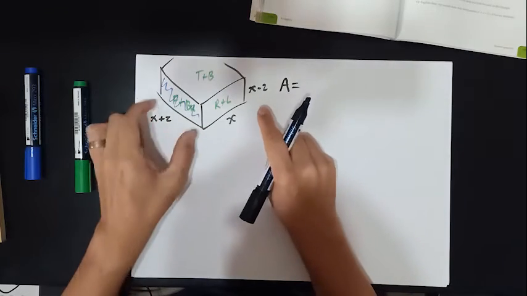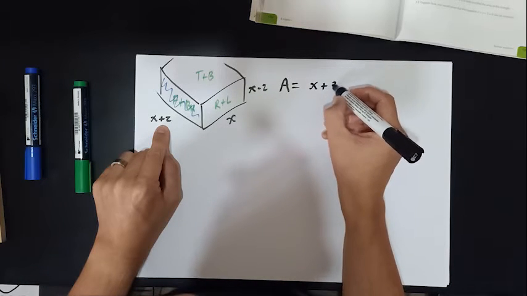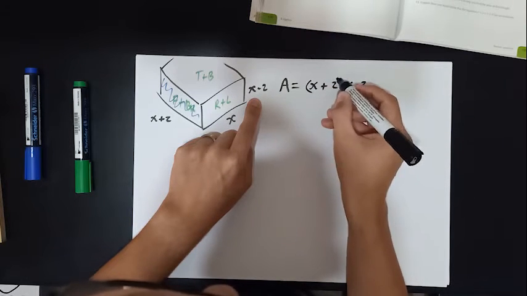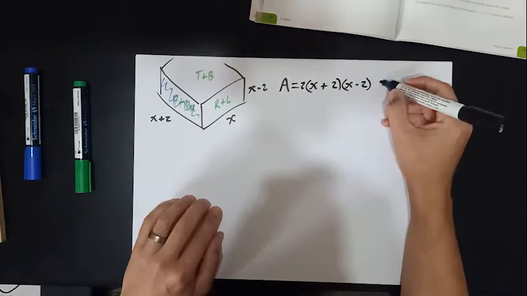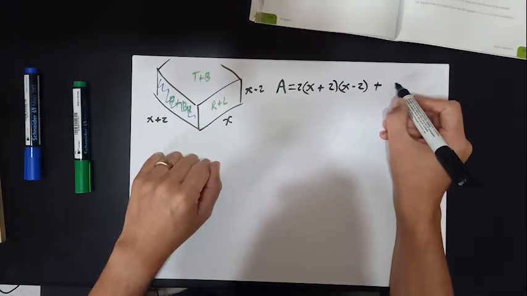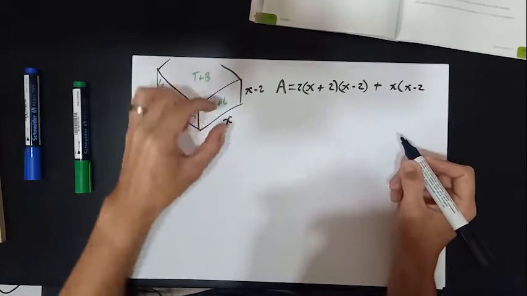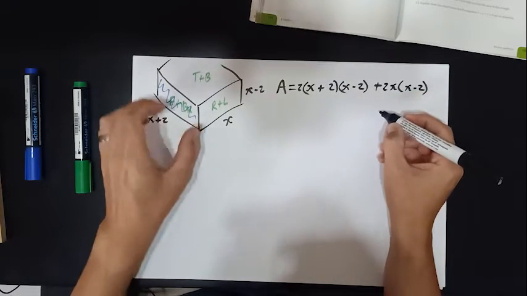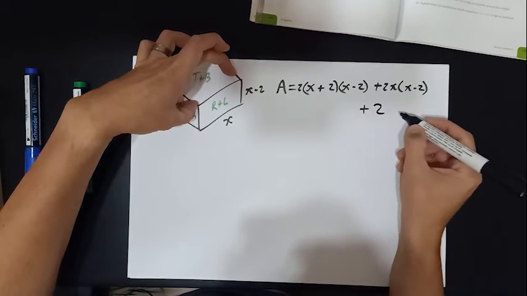So the total area is, the area for the blue shaded is x plus 2 times x minus 2, but 2 of them, so I want to put a 2 there, plus whatever the area for this is, that's x times x minus 2, 2 of them, plus, again, this times this, but 2 of them.